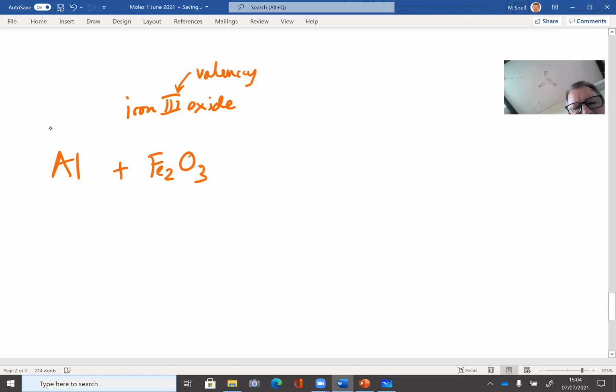Now this reacts together because aluminium is more reactive than iron, and the aluminium takes the oxygen away and forms aluminium oxide and kicks out the iron. This will balance. There are 2 aluminiums here, so I need 2 over here, and then I make 2 irons.